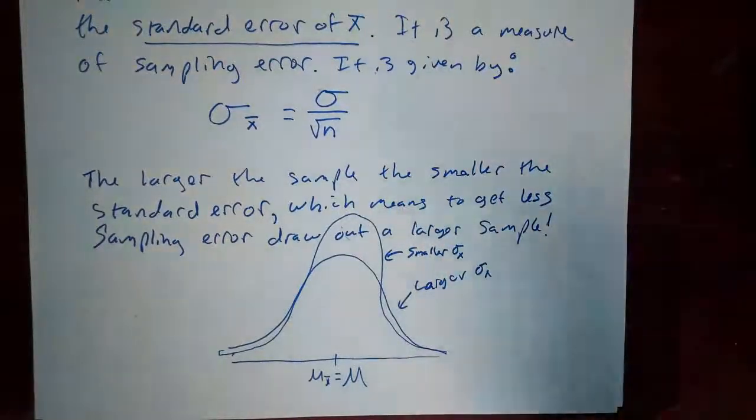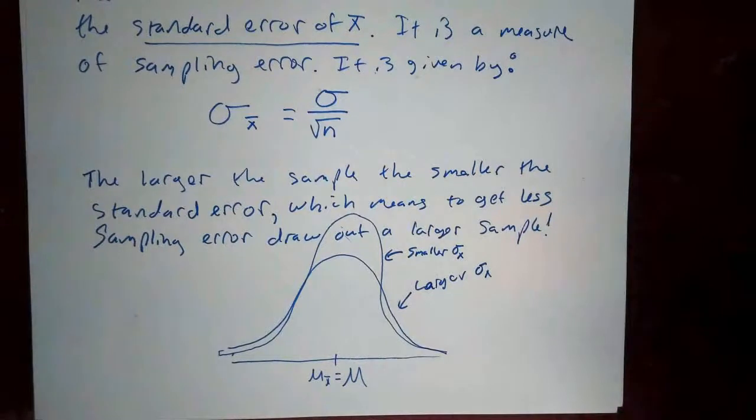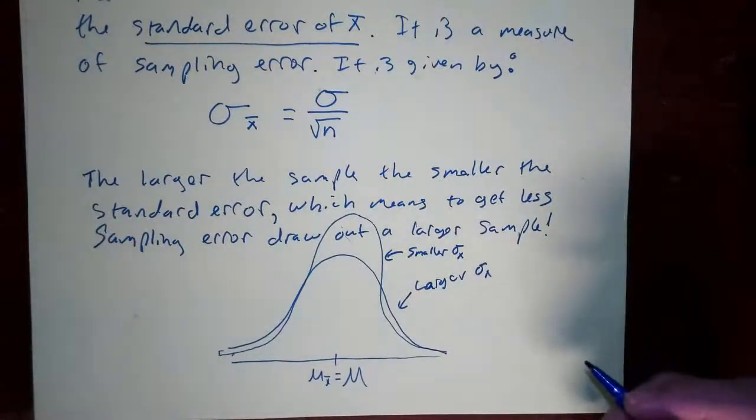The standard error is actually a number used in a formula to get the margin of error. And we're going to be seeing these sorts of things when we get to chapter 7. So, okay, in the next video, we're going to learn a little more about the central limit theorem and what that is all about.